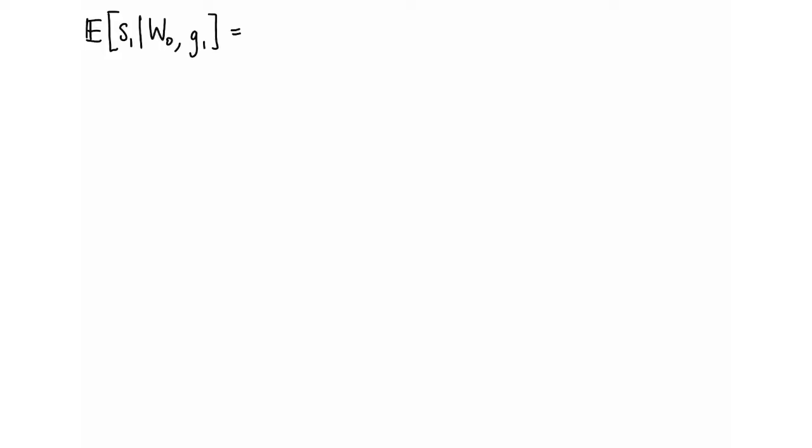Well, the size of S1 will depend on which hint we get from the Wordle oracle, the computer that we're playing against. So we're going to sum over all of the possible hints.